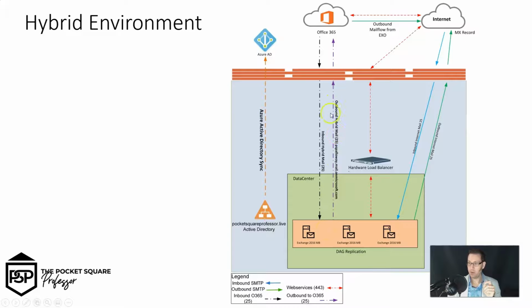So remember, we created this special send connector here where it's going to automatically send it through this special scope connector, which will deliver the mail up to Office 365 or Exchange Online. So it's going to go directly to the user's mailbox up here in Exchange Online, and the user here will just send it, and it goes outbound and it gets delivered. It is seamless to the end users.